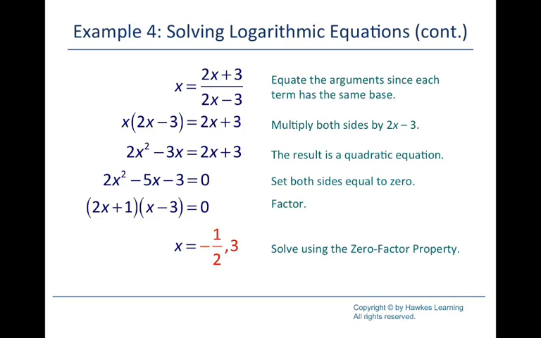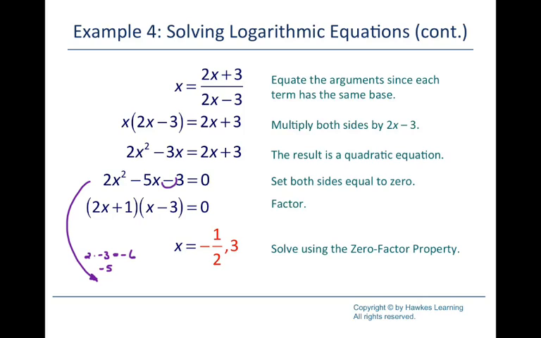Now I'm going to remind you again, because this is something that a lot of students struggle with, how to factor this. So remember, what you do is you come up with your two numbers. We multiply 2 times negative 3, first and last number, and that equals negative 6. And our middle term is negative 5. I need two numbers that will multiply to be negative 6 and add to be negative 5.